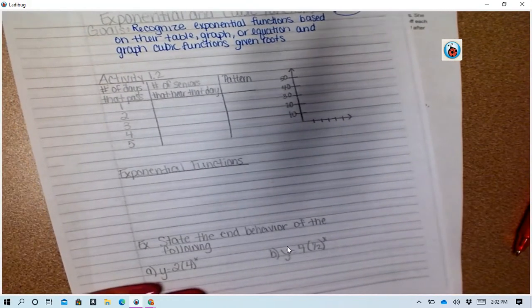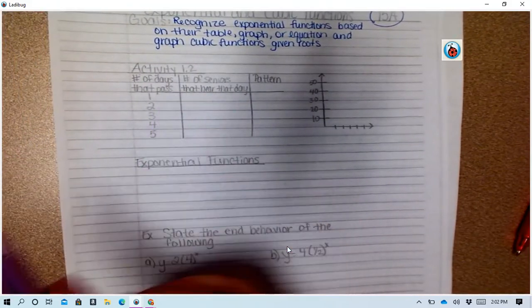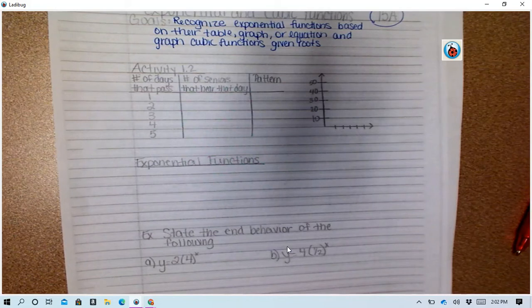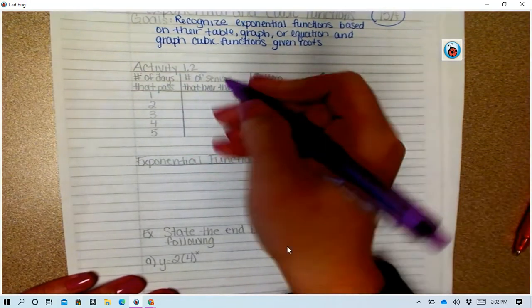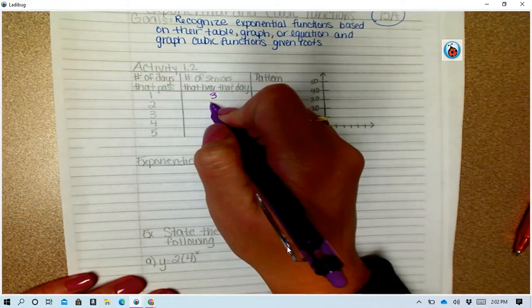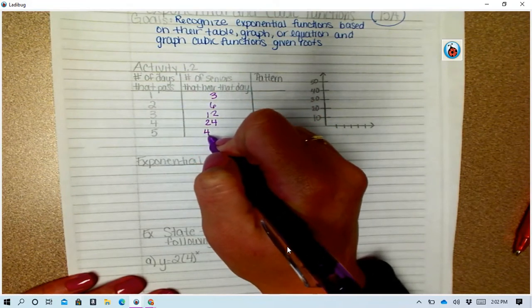Okay, setting that aside and going back to these notes, go ahead and, with that table that we created, fill in the number of new seniors that were here that day, that column right there. So day 1, there's 3, and then 6, and then 12, 24, and 48.